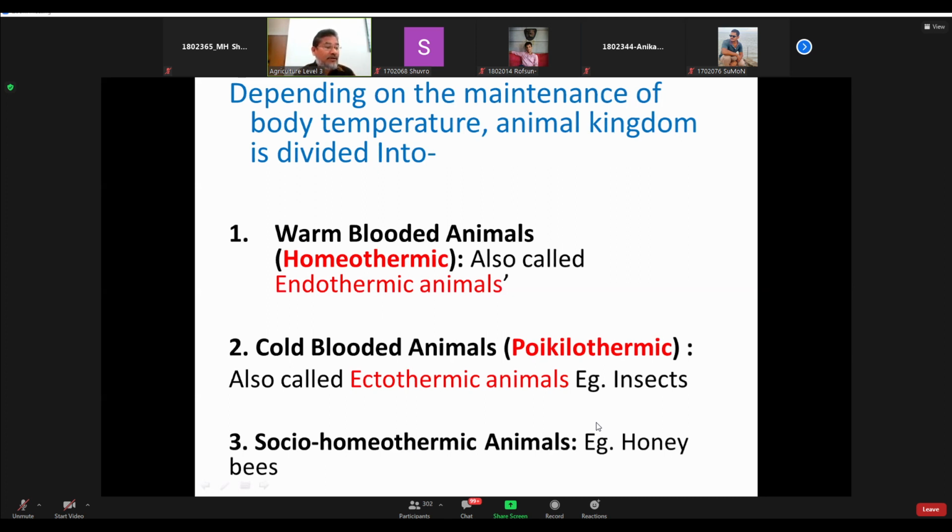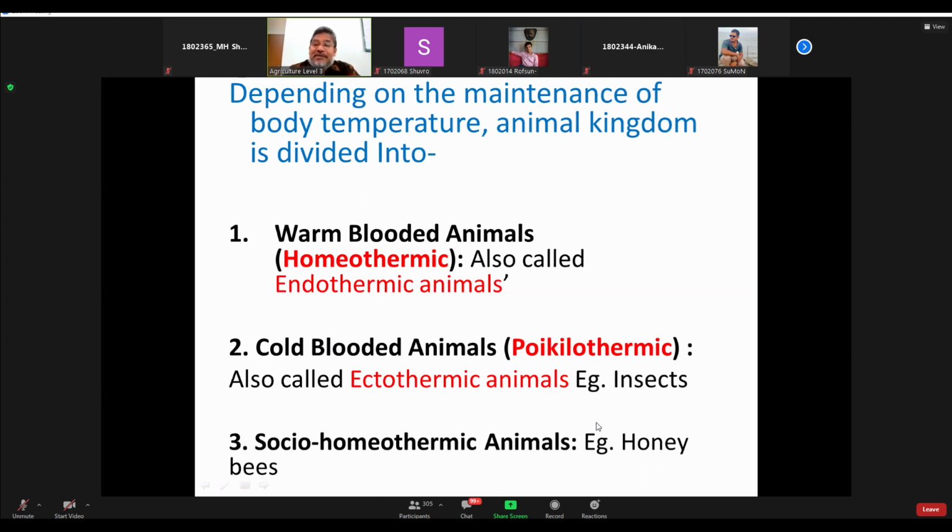What are warm-blooded animals? Probably you know, those who can maintain their body temperatures wherever they are. It does not matter, they have the ability to maintain their body temperatures. If, for example, I or you are taken to some colder region, your body temperature will remain 36 or 37 degrees centigrade. But if an insect is taken to a colder region, for example, at 0 degrees, the insect's body temperature will just go to zero.